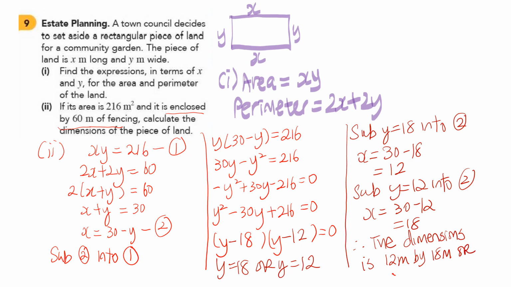Or if you let your x be 18 meter, then it will be 18 meter by 12 meter. Because when we work it out, we have two different values of x, so we have to answer it this way. It's either 12 meter by 18 meter or 18 meter by 12 meter.